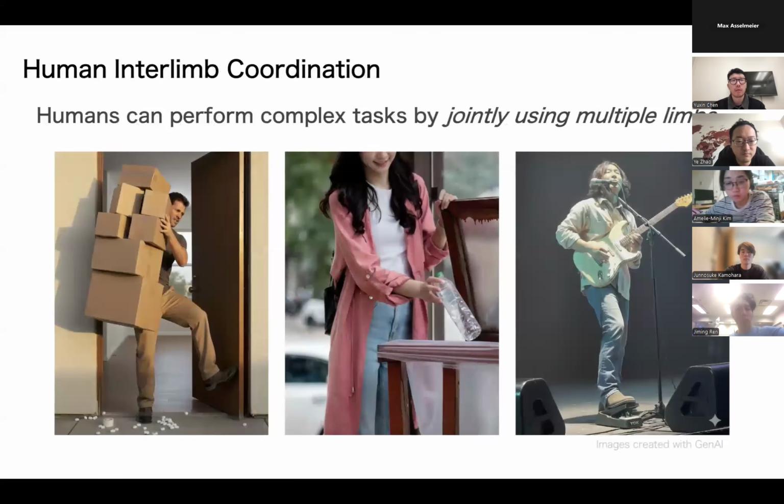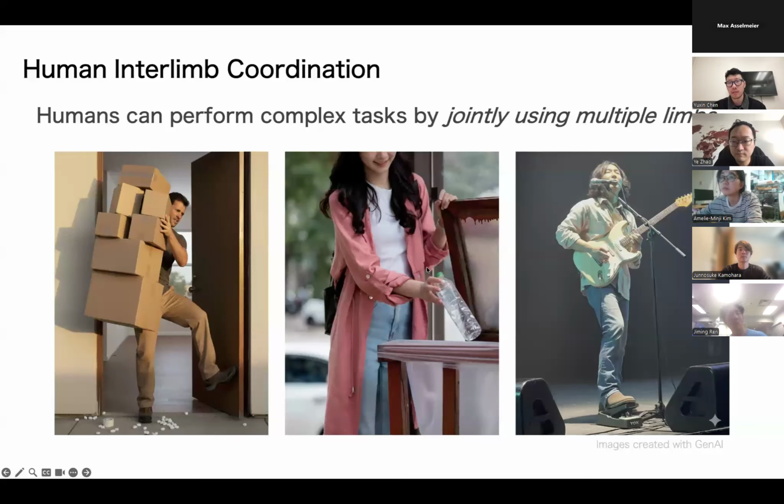But in real life, we humans can perform really complex tasks by jointly using multiple limbs. For example, we can use not only the hand, but also the arm and the chest to have multiple contact points in supporting a large pile of boxes, while also using the leg to support a door.